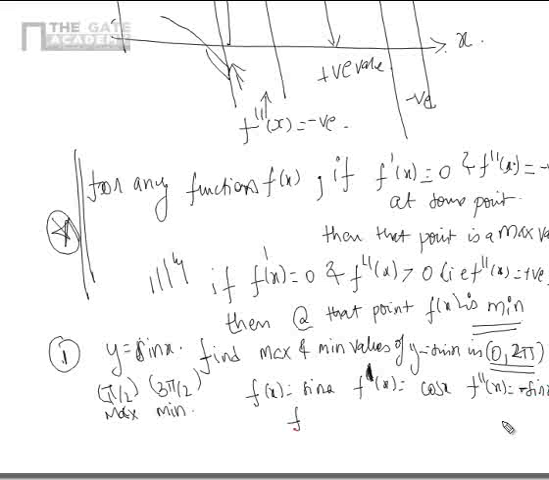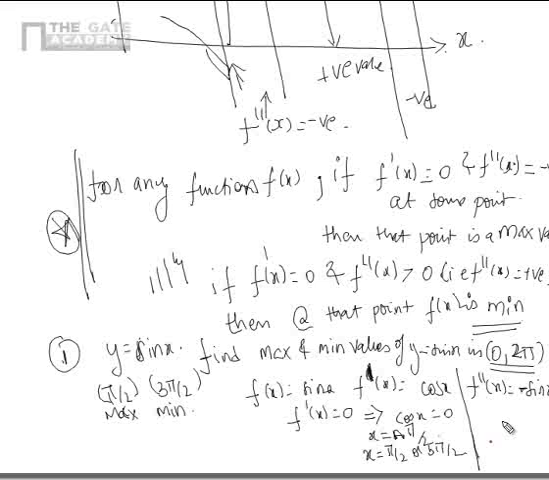Now f dash of x is equal to 0. At what point does f dash, that means cos x, equal 0? That will happen at x equal to n pi by 2, correct? And we are evaluating up to 2 pi only. So x can be pi by 2 or 3 pi by 2, correct?